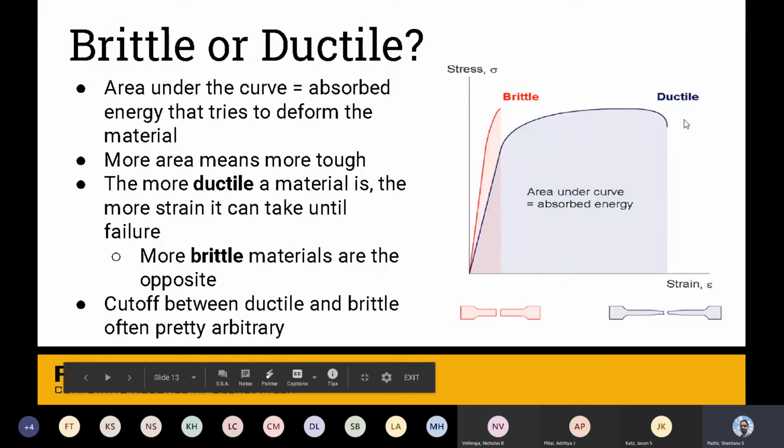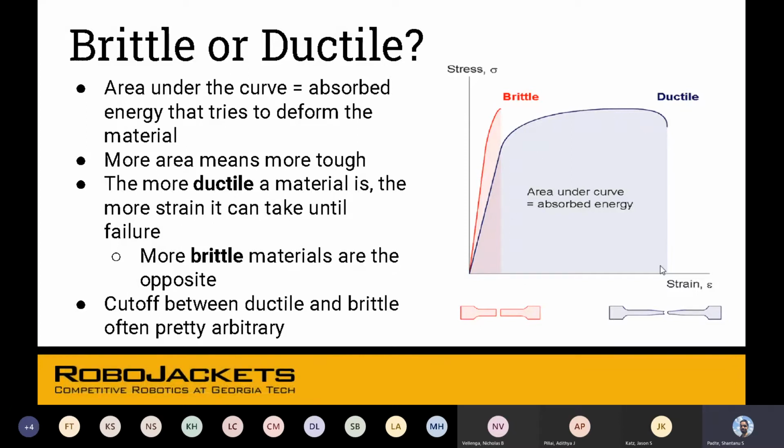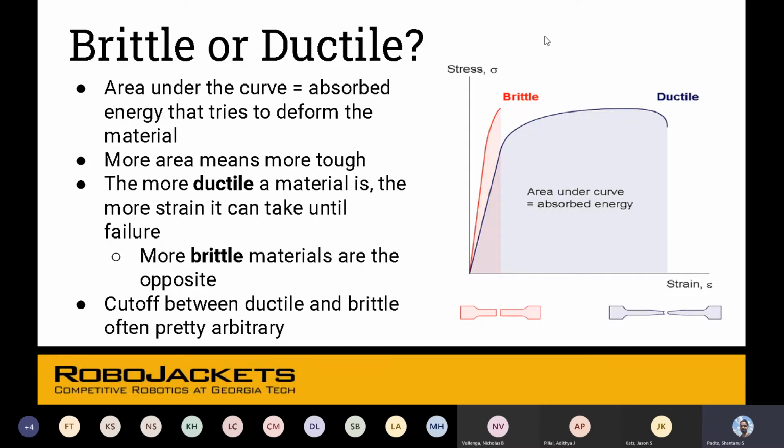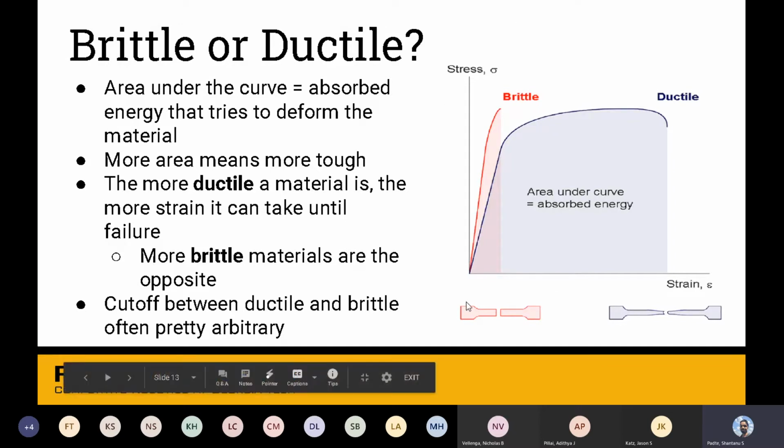The amount of energy you take to break something is the area under this curve. If you were to integrate this curve, you'll find out the area it takes to reach this breaking point. So if a material was brittle, it could just have a really high curve, and that would mean that it takes a lot of energy to break.